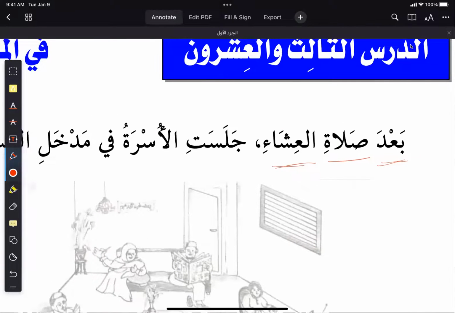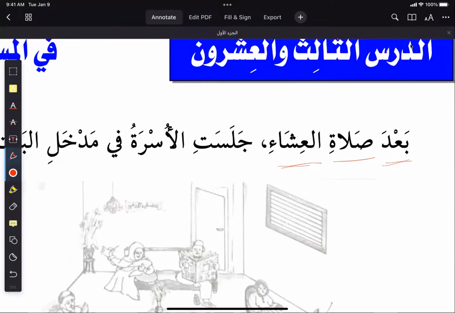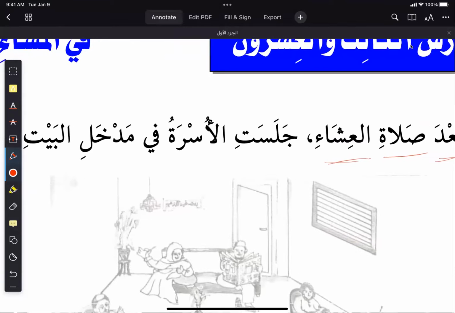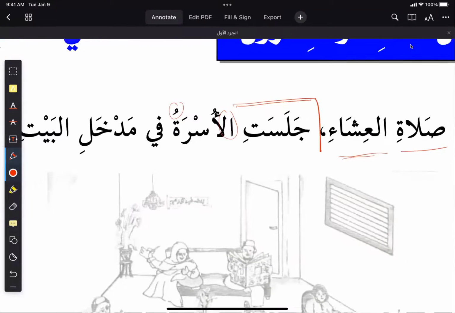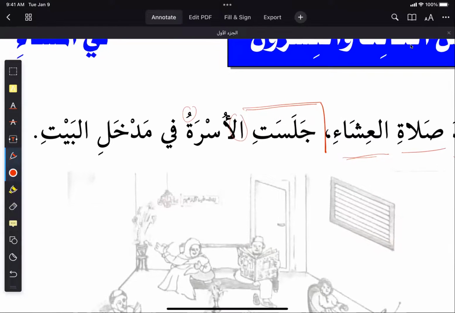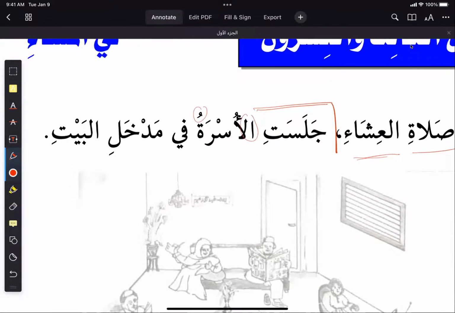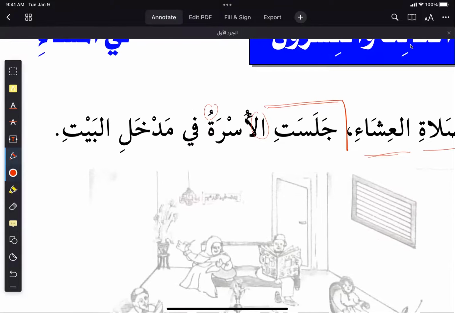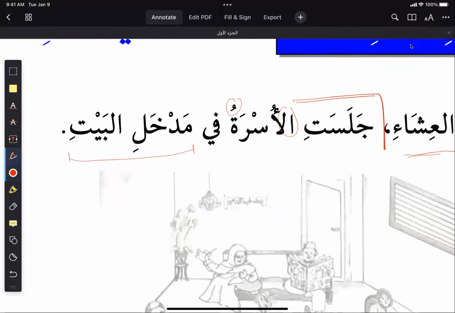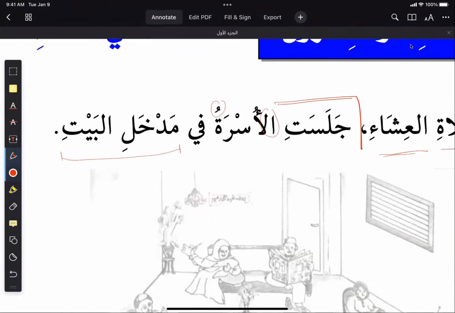So بعد صلاة العشاء, after the night prayer, جلست الأسرة, remember this should be ta, في مدخل البيت. So the family sat, where did they sit? في مدخل البيت. We had these words before. What is مدخل? It is entrance.